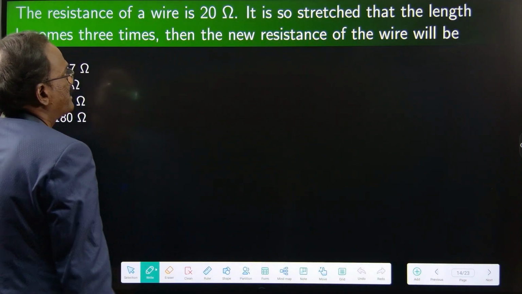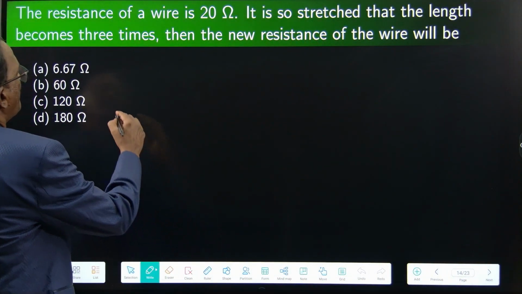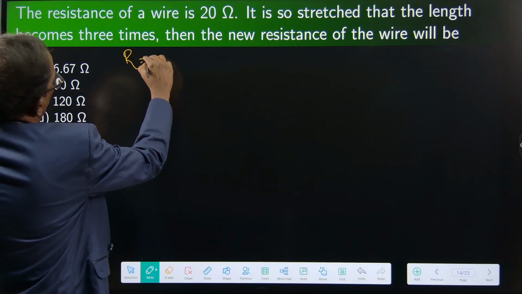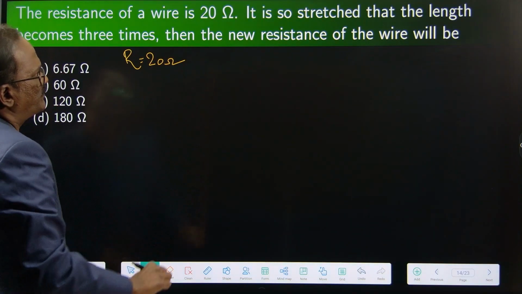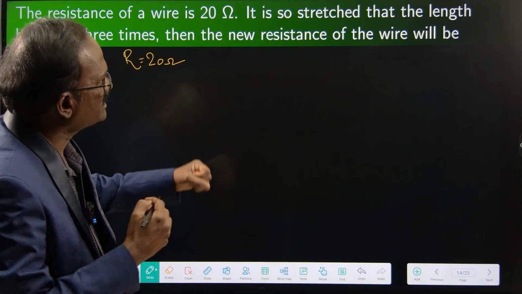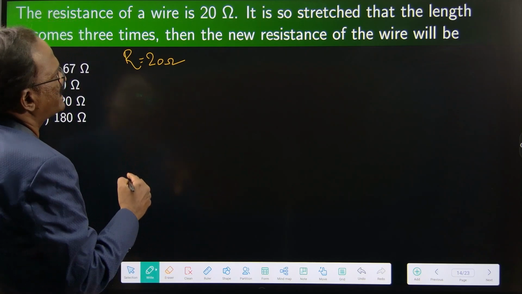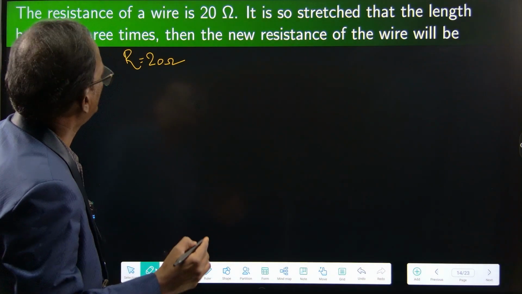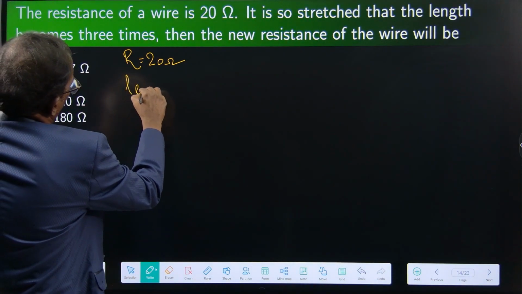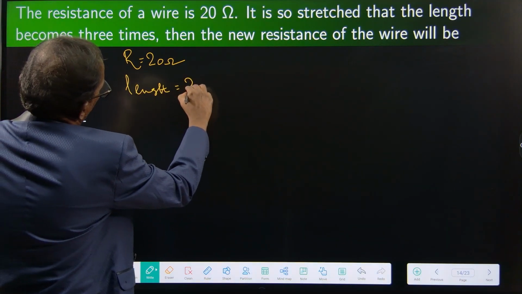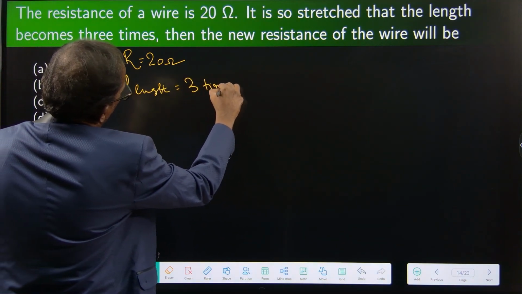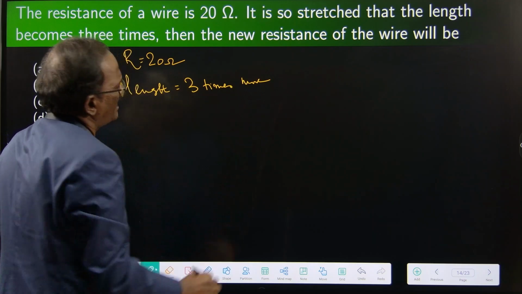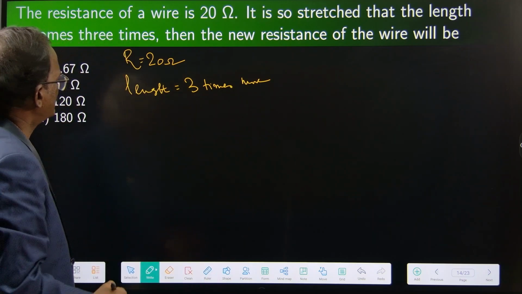The resistance of a wire is 20 ohms. It is so stretched that the length becomes 3 times. Then the new resistance will be? Easily we can do it, right?